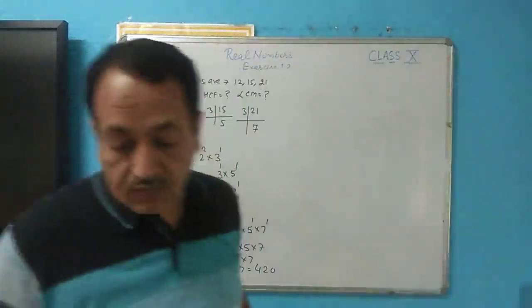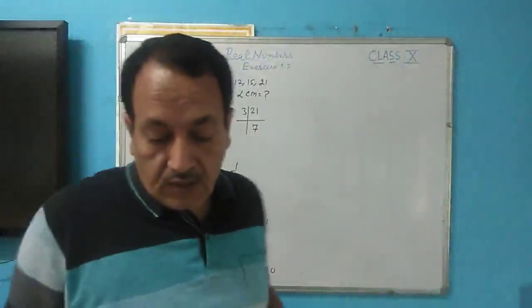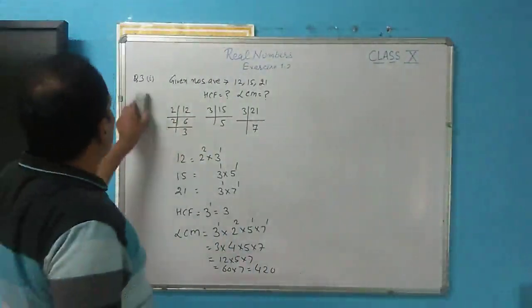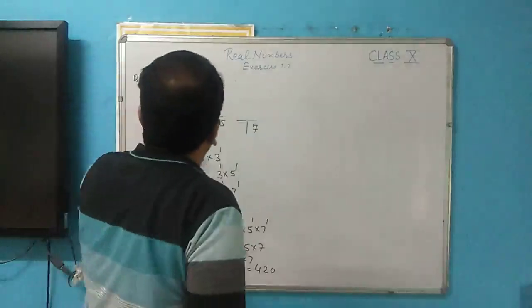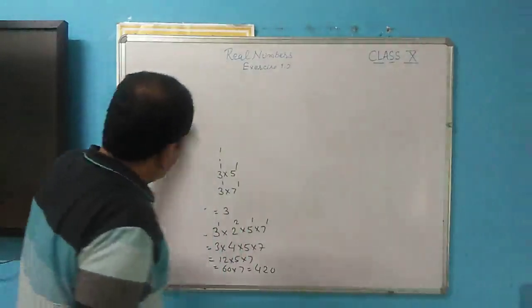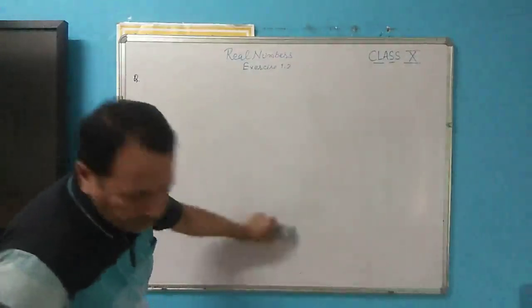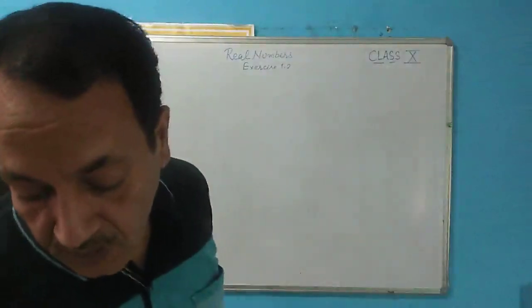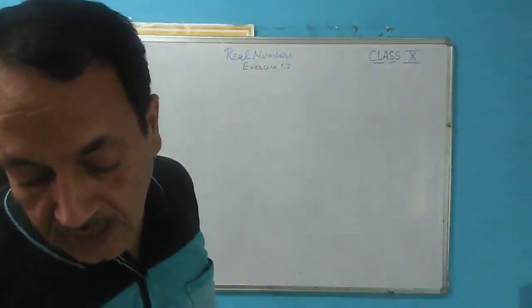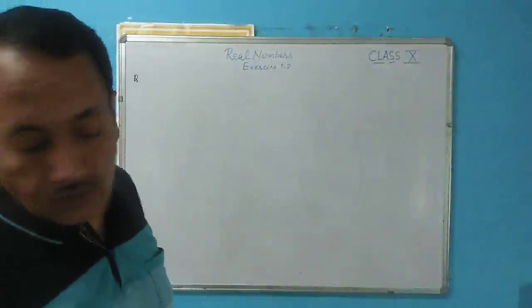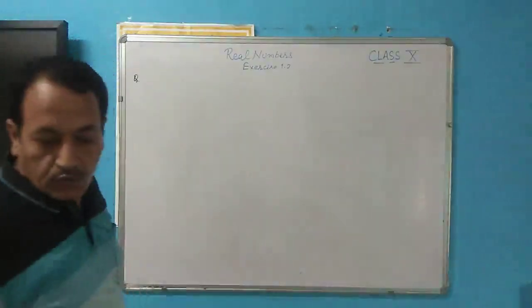Now let us come to the fourth question. We are given here two numbers, and for these two numbers we are given the HCF. We have to find out their LCM. Question number 4.